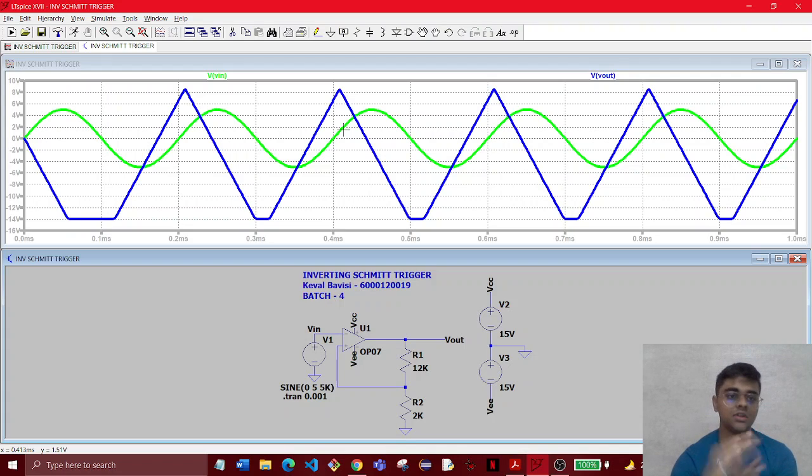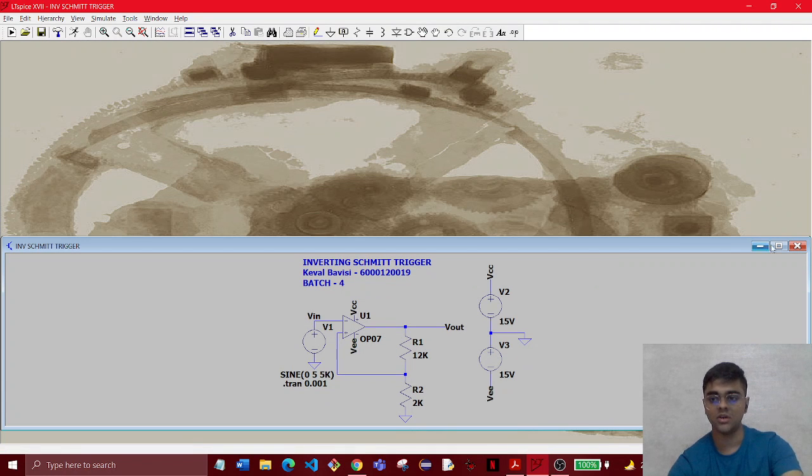When it's a positive cycle it goes to the negative Vsat, and when it's a negative cycle it goes nearer to the positive Vsat. Hence we can make out that it's 0 or 1 at that point of time, and it's a better, more efficient design than a normal comparator without the factor of beta. So this was the inverting Schmidt trigger.